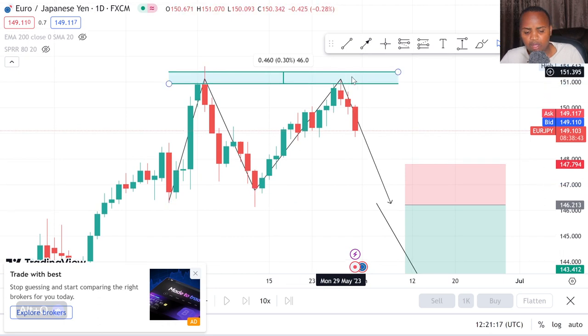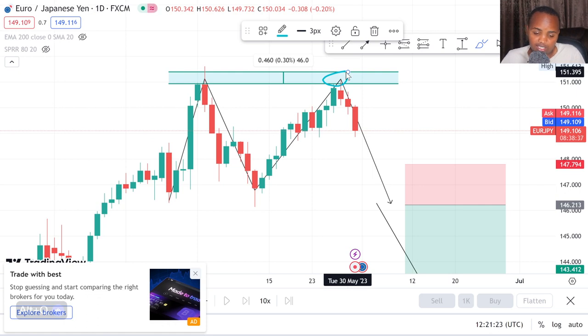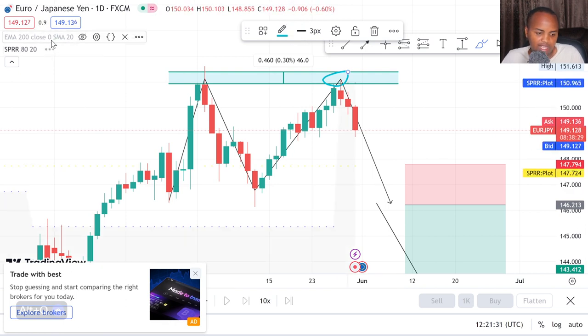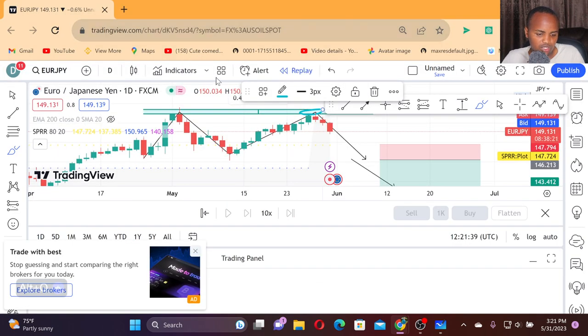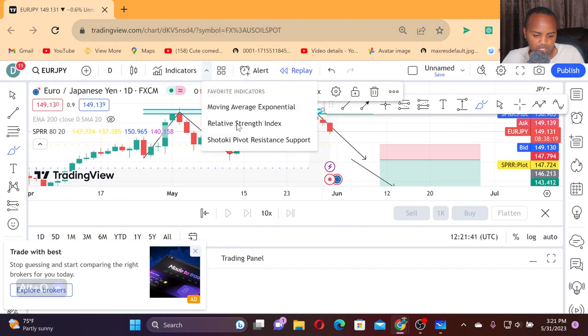If you want to enter around this region, consider what I've shown in this video, which is to check the pattern that has been formed over here. You can use indicators like RSI, the relative strength index, to know whether the market is overbought, to have a good entry.